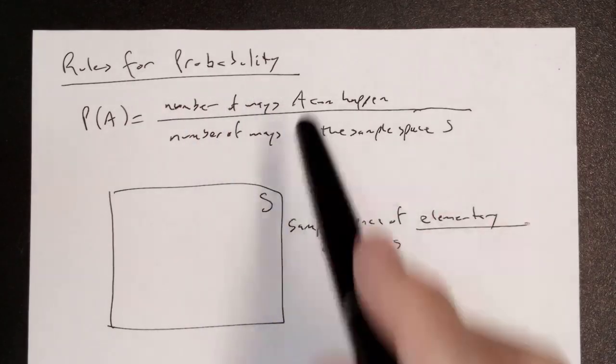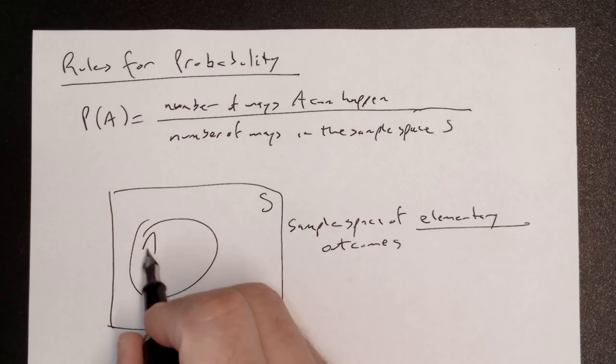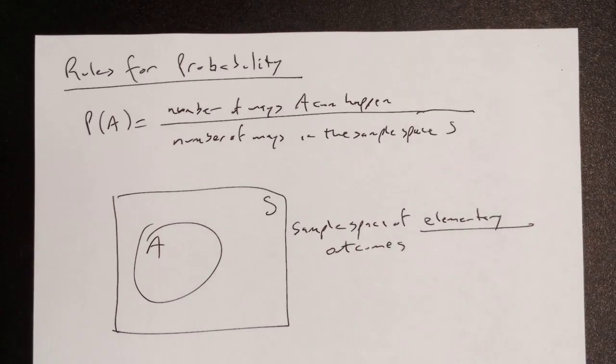And then I have my thing A, and that's some collection within my set S. If we're talking about pick a card, and my success is I drew a queen, well, then there should be how many items in A?